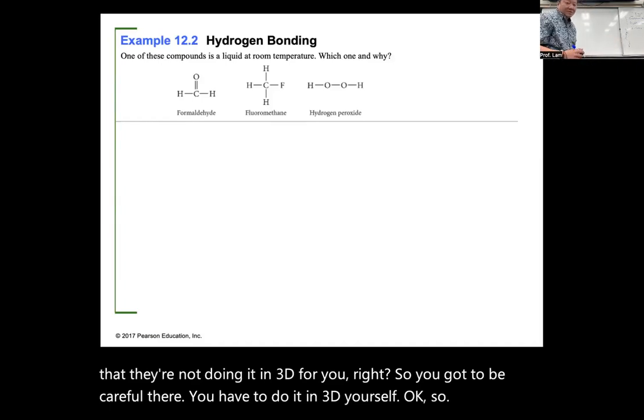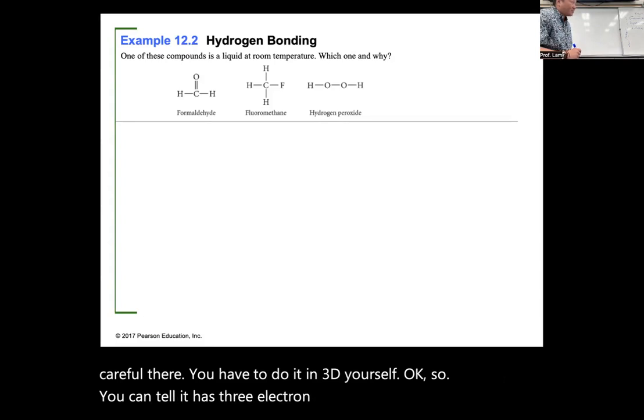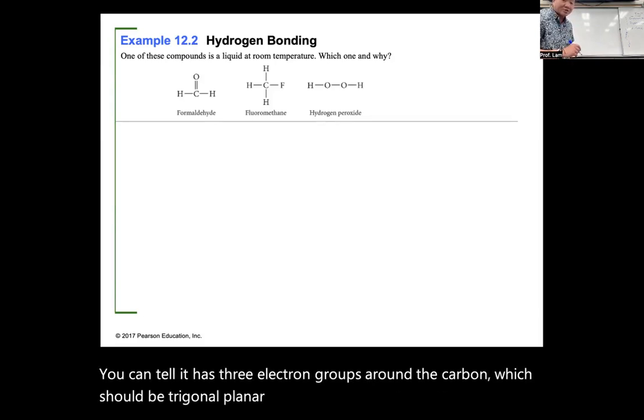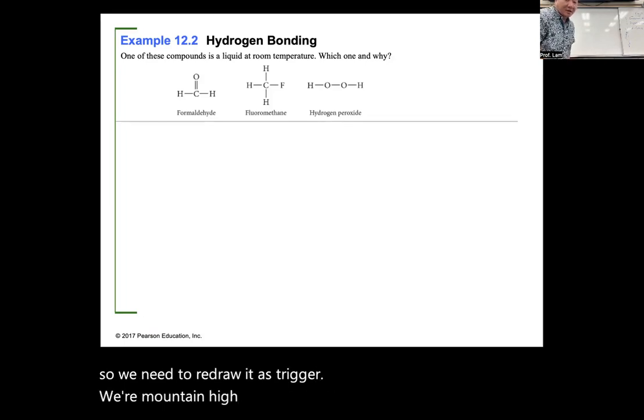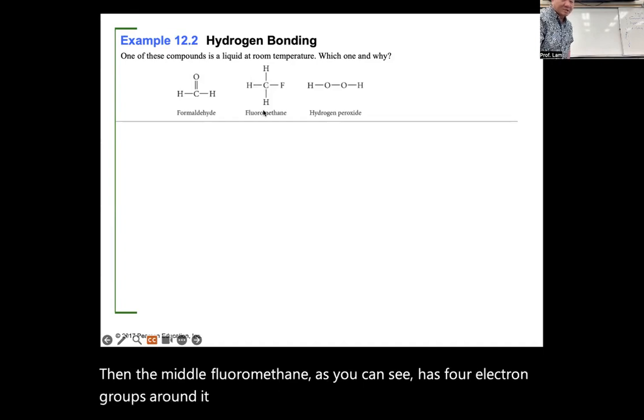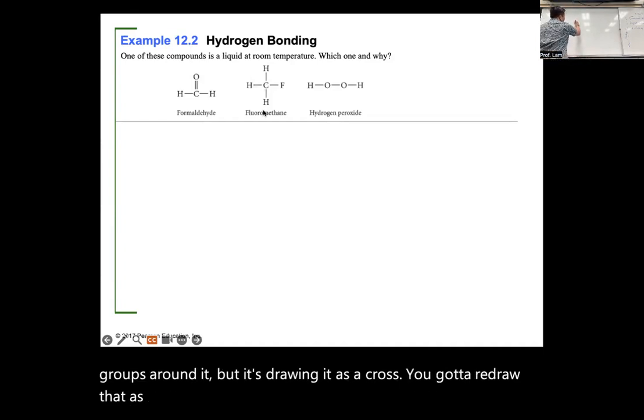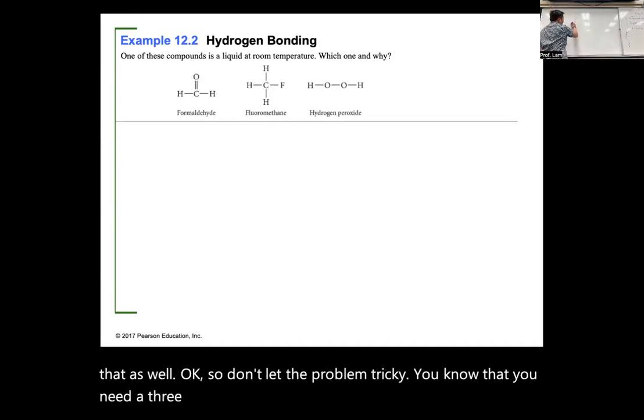You can tell it has 3 electron groups around the carbon, which should be trigonal planar, but they didn't draw it as trigonal planar. So we need to redraw it as trigonal planar. Formaldehyde, right? Then the middle, fluoromethane, as you can see, has 4 electron groups around it, but it's drawn as a cross. You got to redraw that as well. Okay, so don't let the problem trick you. You know that you need a 3D structure.